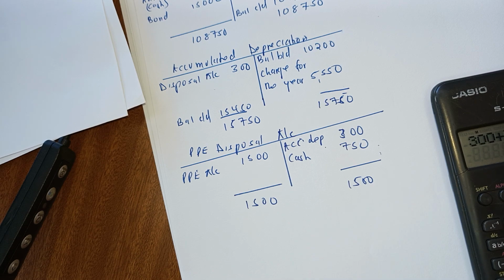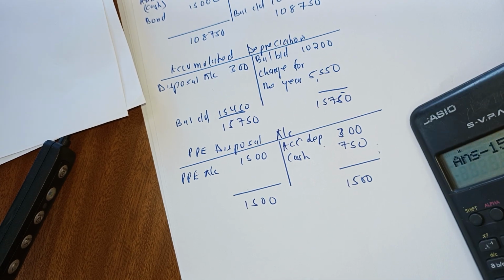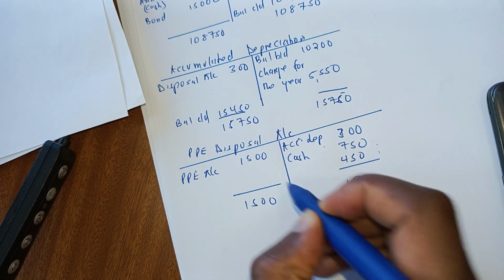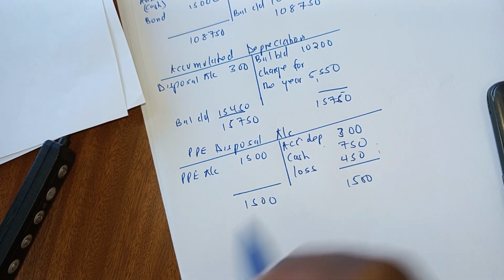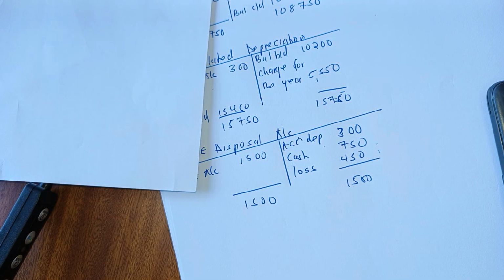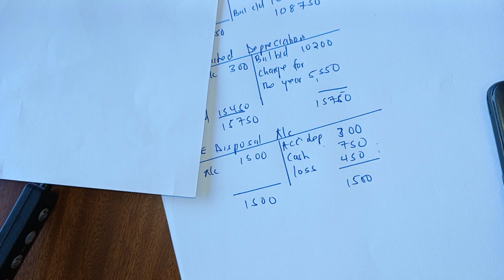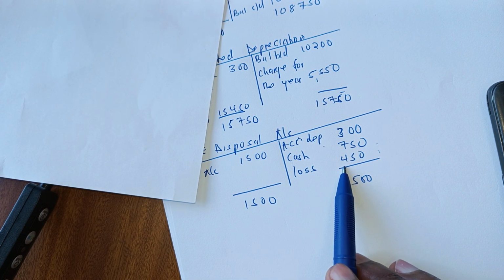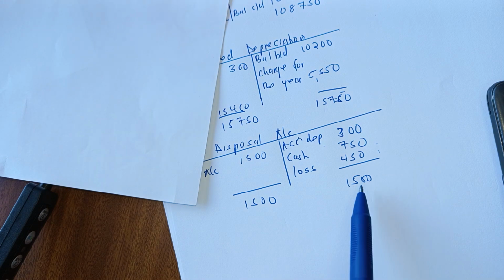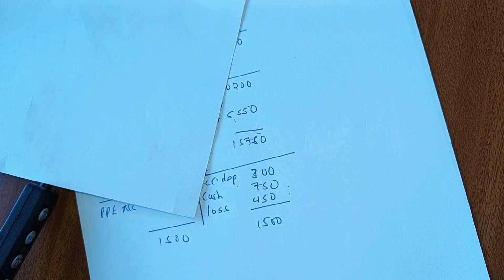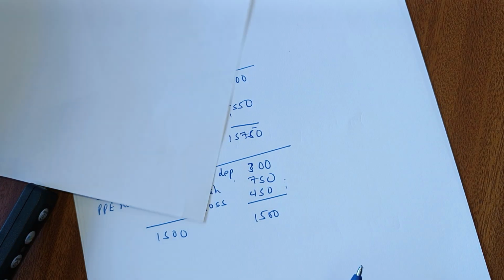So 1,050 minus 1,500, you get a loss of 450. So 450 is the loss on disposal. When you come back to your question, you can see in the statement of profit or loss, there's a loss on sale of plant, which is 450. So this is how we arrived at the figure of 450. It's also an uncash expense, so you're going to adjust it when you are adjusting those expenses.